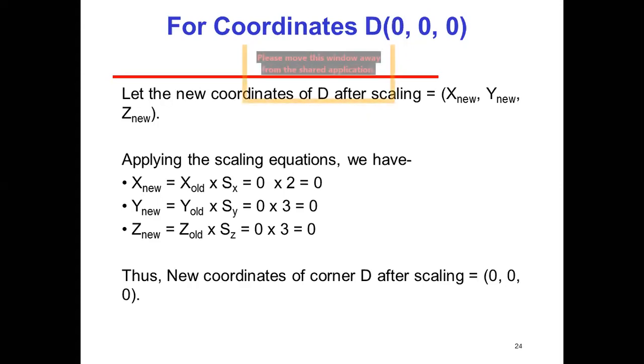Now you can calculate for D. The initial coordinate is already given as 0, 0, 0. After multiplication you will get 0, 0, 0, because anything multiplied by 0 gives 0. So the new coordinate for D will be 0, 0, 0. It is obvious.